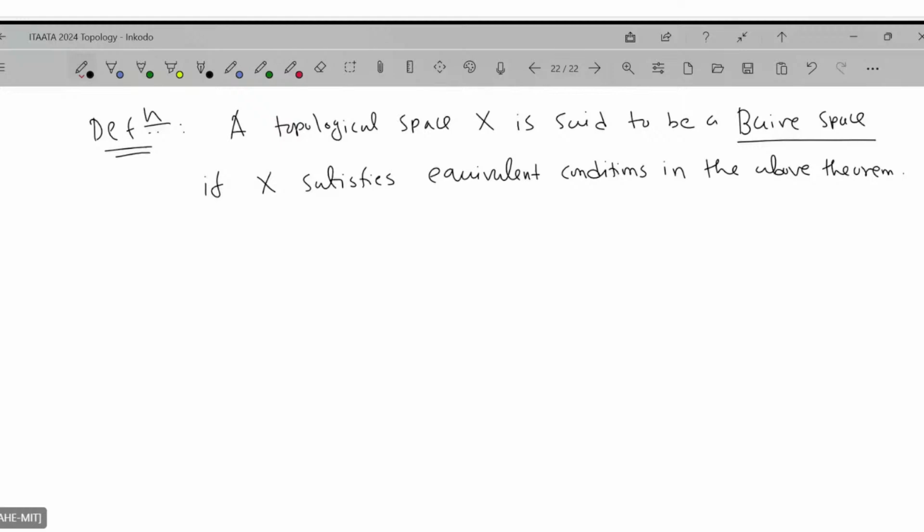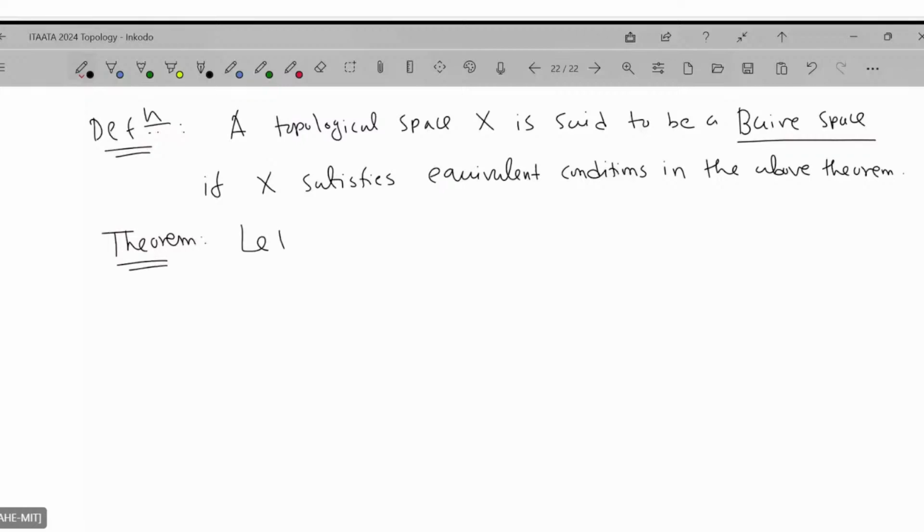Now we prove, one by one. First, we'll prove that every open subset of X is a Baire space. So if we consider U as a subspace, it will be a Baire space.